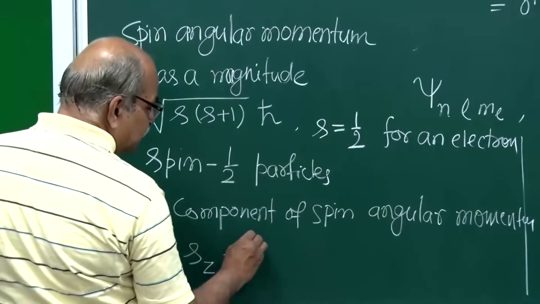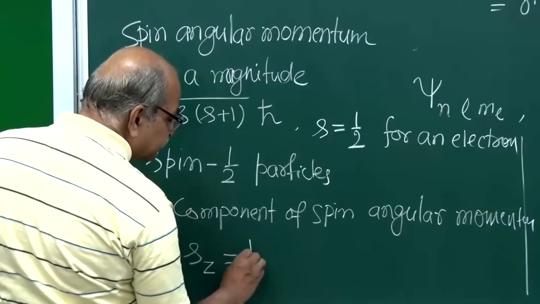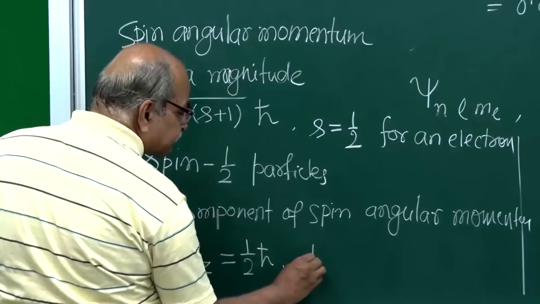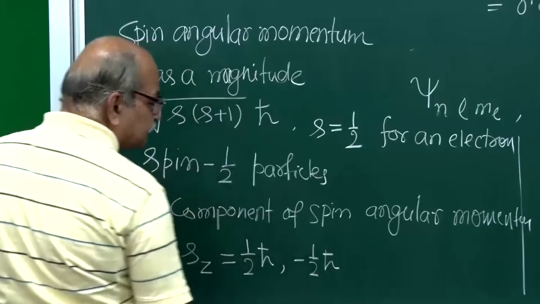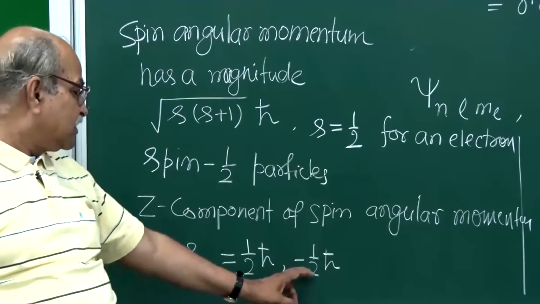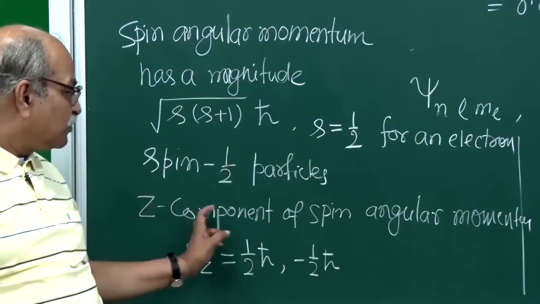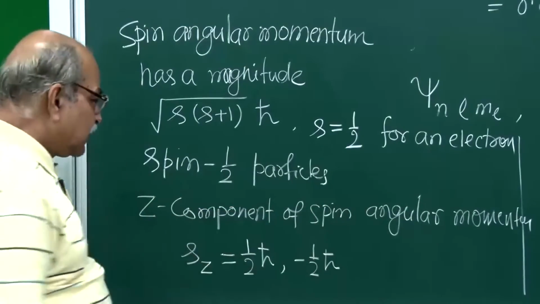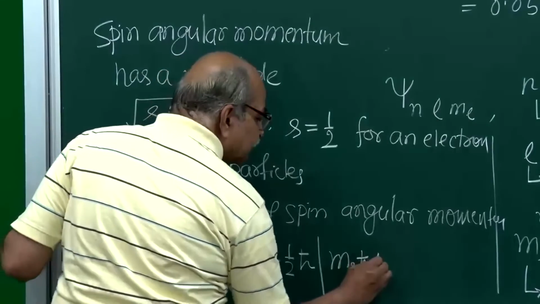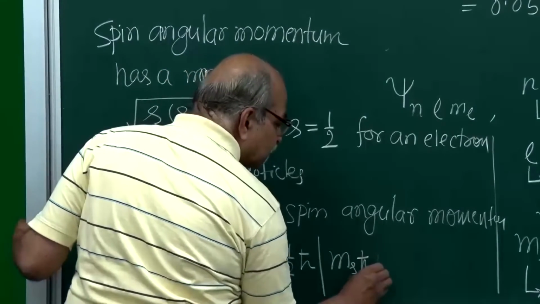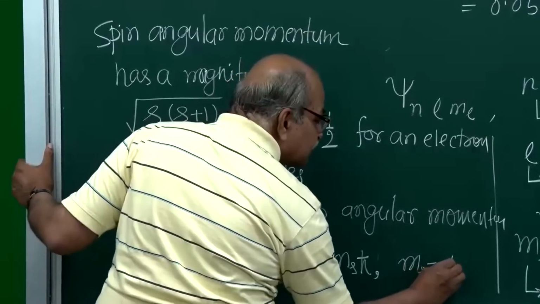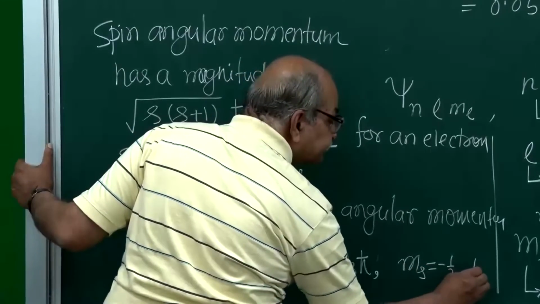These two possible values are plus half h cross or minus half h cross. So these are the two possible values of Sz, that means the possible values of the z component of spin angular momentum. You can write this as ms h cross, where ms is minus half or plus half.